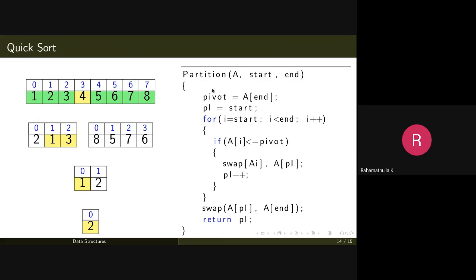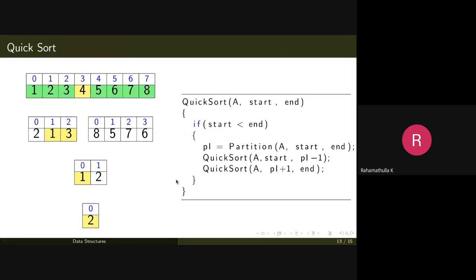There also the same partition logic and the same process will be applied. So that's about quicksort. The quicksort algorithm is very simple. We need to apply partition logic, then two quicksort algorithms as recursive calls.